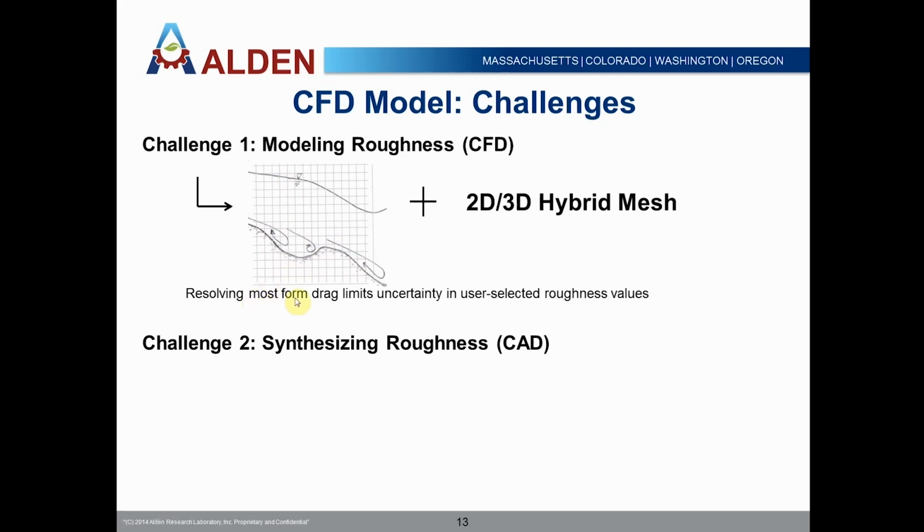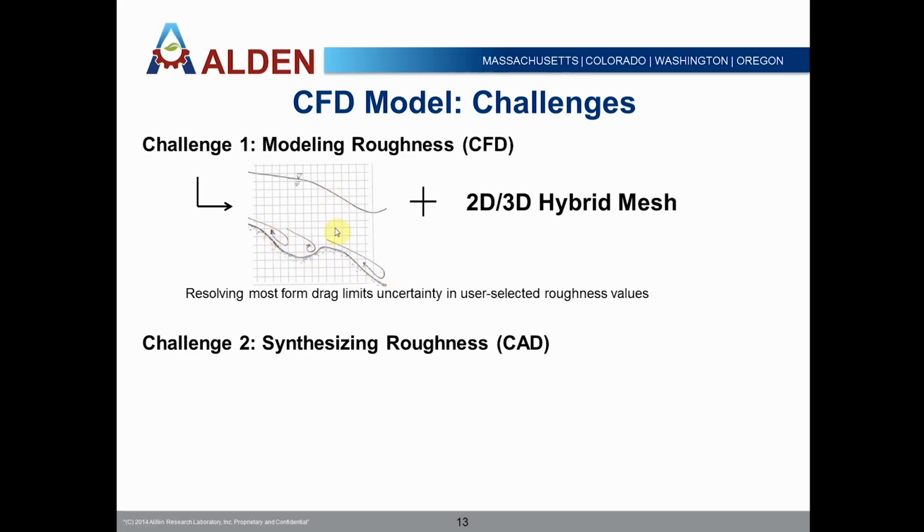And in explicitly resolving those elements, we limit the emphasis and the need to use kind of a black box approach of a skin drag type Manning's n or roughness length scale in the CFD model. So we want to really explicitly model as much of those roughness elements as we practically can.